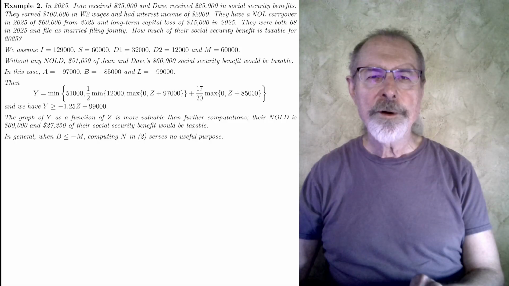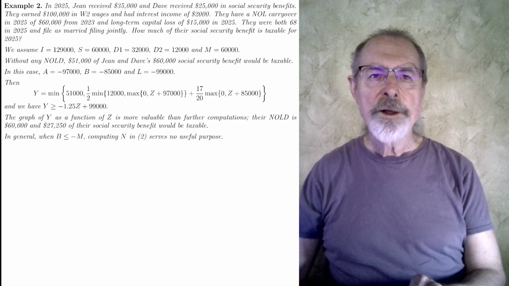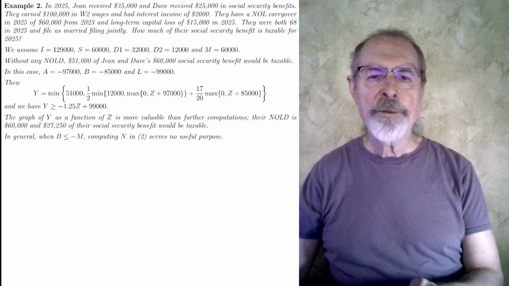So they have $129,000 in modified adjusted gross income. Their Social Security benefit total was $60,000. D1 was $32,000, D2 was $12,000, and their NOL carryover was $60,000. Without an NOL, net operating loss deduction, 85% of their benefit, or $51,000, would be taxable.